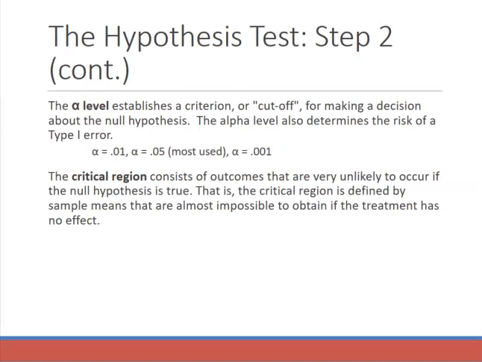We'll get to type 1 error in just a second, but the alpha level determines the risk of type 1 error. The most commonly used alpha level is 0.05. You can assume that unless it's otherwise stated. But what an alpha of 0.05 means is that we are separating the extreme 5% in the tails from the 95% in the body of the distribution, okay?